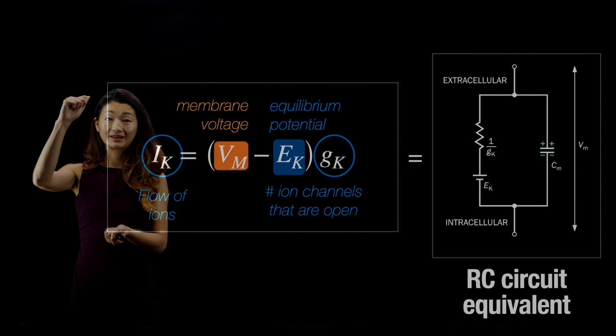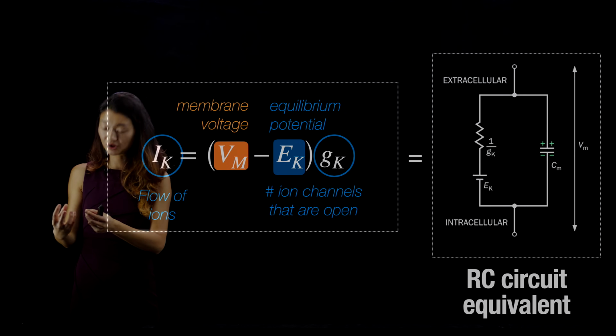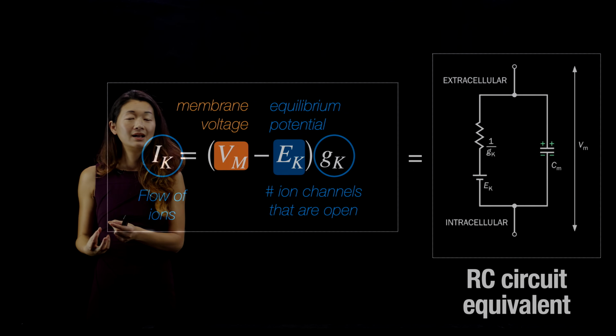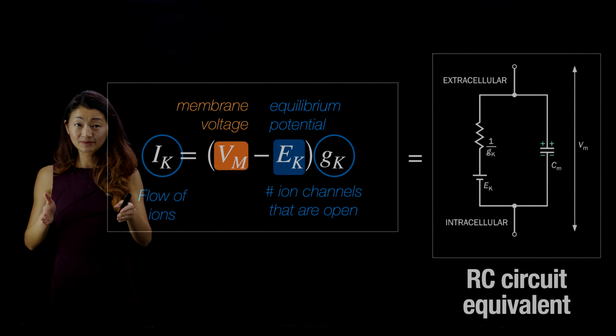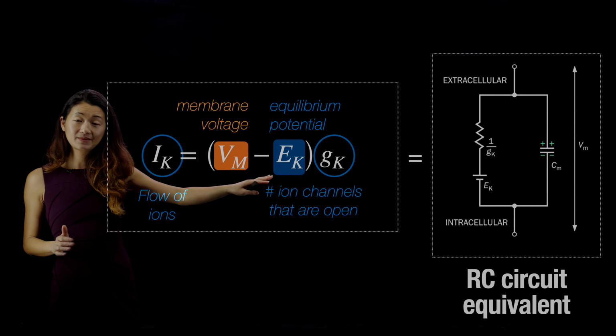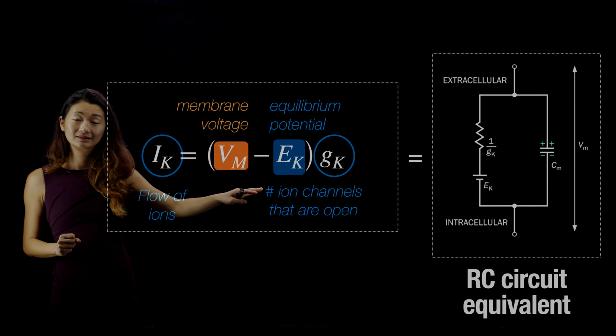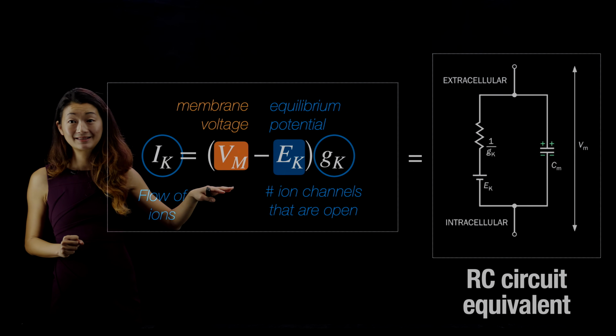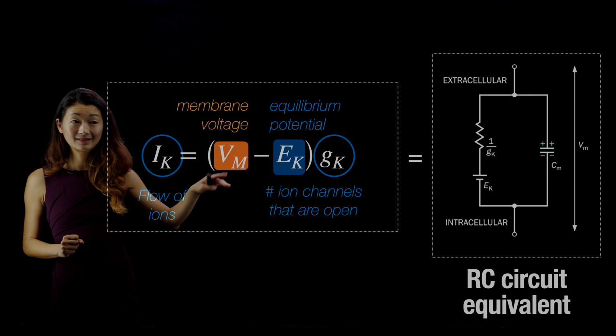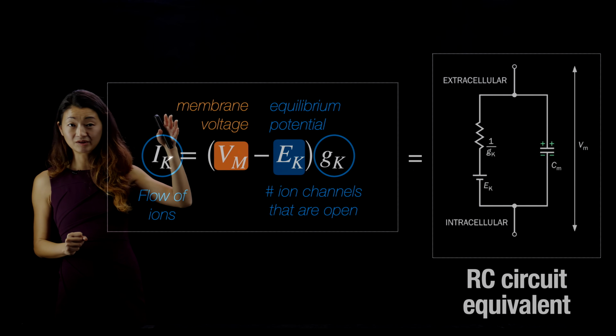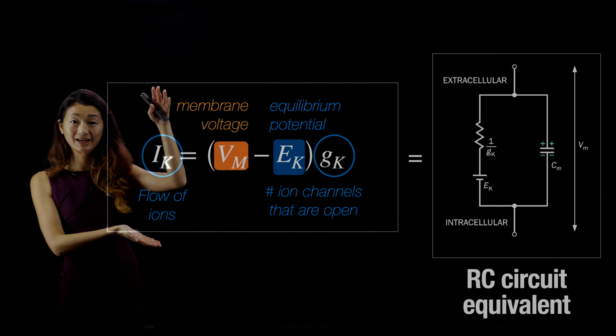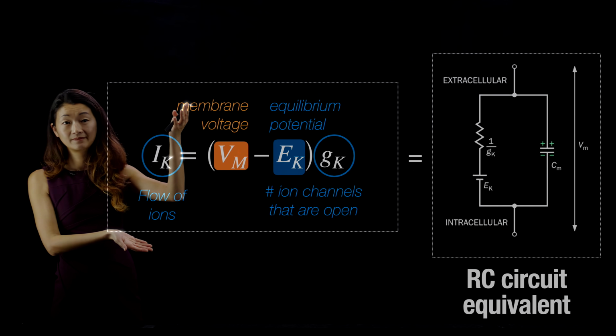We can totally measure that if they were macroscopic, in something like the little circuit that you built on a breadboard. And it has two parallel paths, where the right-hand path is the capacitance, and that corresponds to the capacitance of the membrane, C sub m, where there's negative charge on the inside and positive charge on the outside, therefore V sub m is going to be negative because it's negatively charged overall.